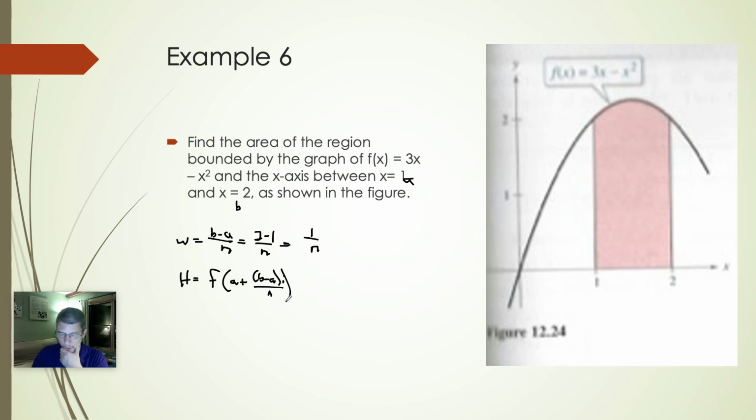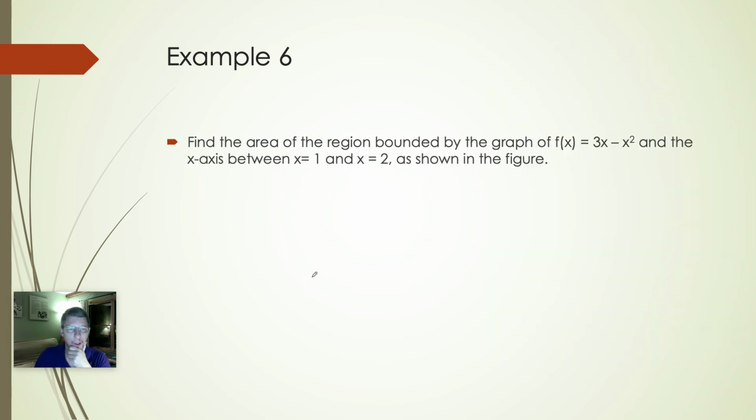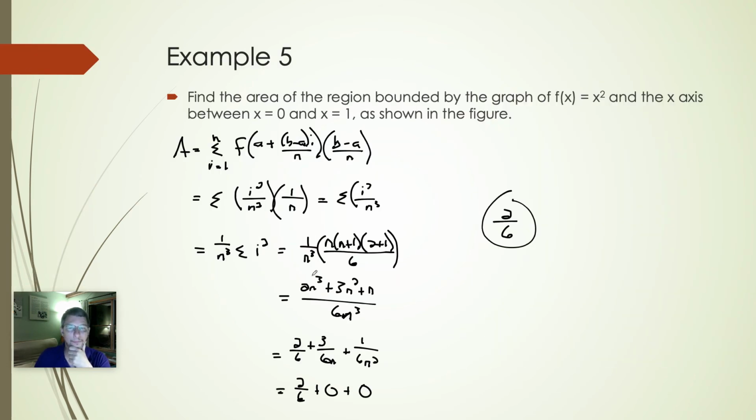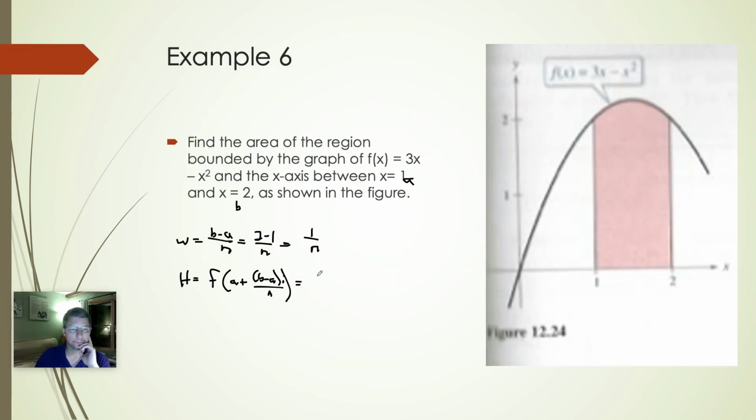And so I want to multiply these, in this case, well, let's do the actual arithmetic here. This is going to be f of a, which is 1, plus b minus a, which is 2 minus 1, times i over n.